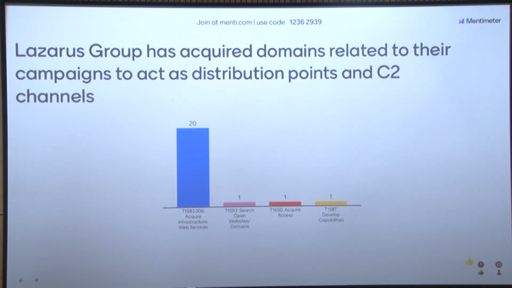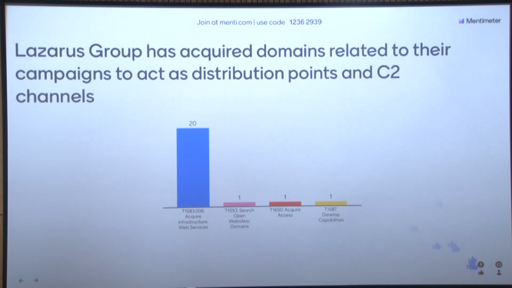Okay. So, the majority have answered correctly that this behavior represents the acquire infrastructure technique, for preparing for the attack, and inside this technique there is the sub technique web services, to be very specific, where they acquire a set of domains for either distribution or creating multiple C2 servers.